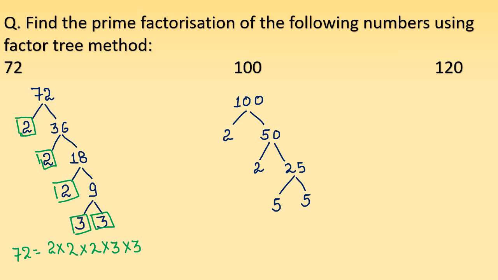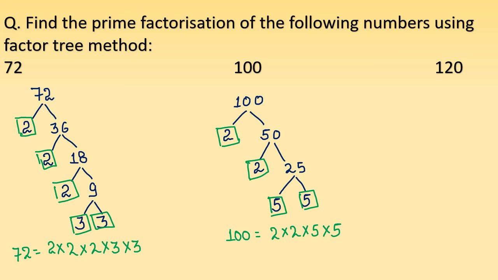So we can stop the division here, and mark all the prime numbers. So this 2, 2, 5 and 5. Therefore 100 is equal to 2 into 2 into 5 into 5.